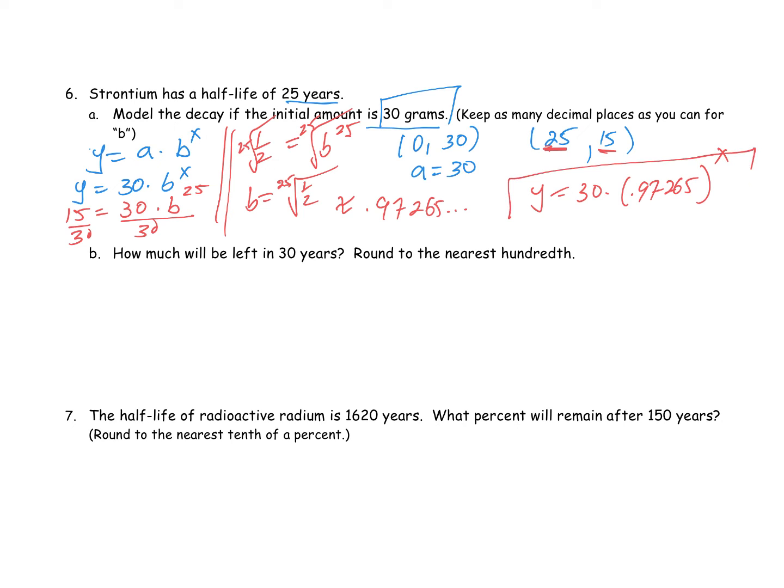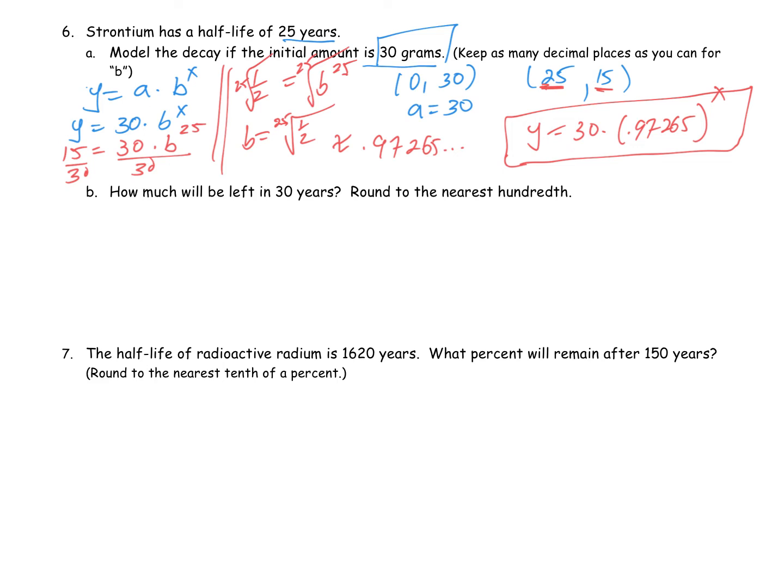So that's our model. Part B says, how much will be left in 30 years? In 30 years, x is 30, so we substitute 30 into our model. We have y is equal to 30 times 0.97265 to the 30th.